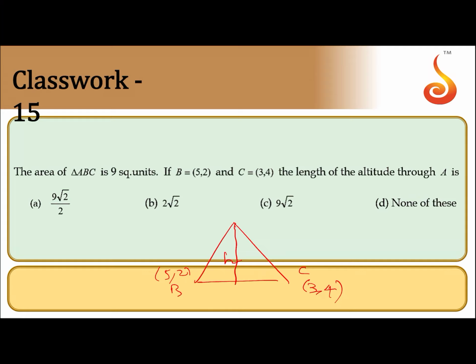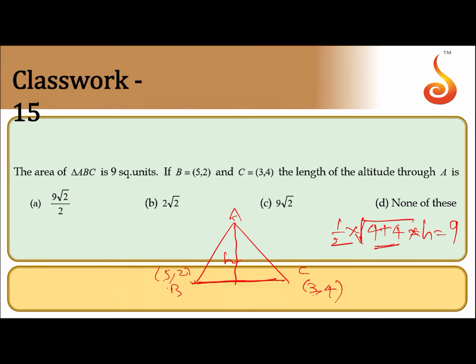So the basic formula you just apply: half into base into height. The base length is nothing but the distance between the two points: 5 minus 3, 2 squared is 4, and 2 minus 4, 2 squared is 4, and therefore it is under root. So half into base into height equals area, that is equal to 9.